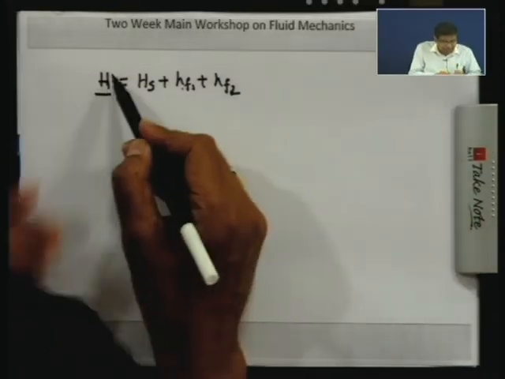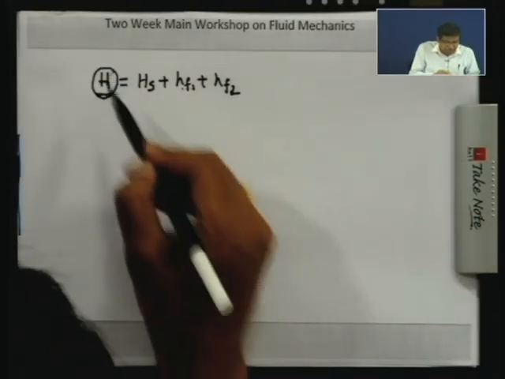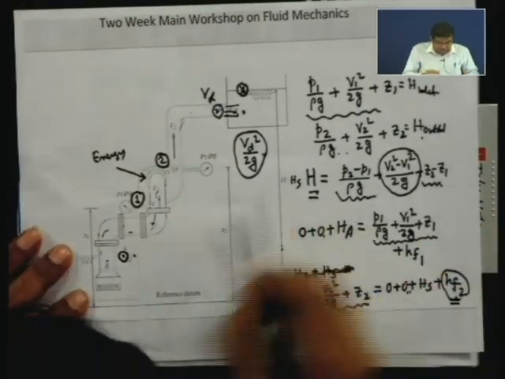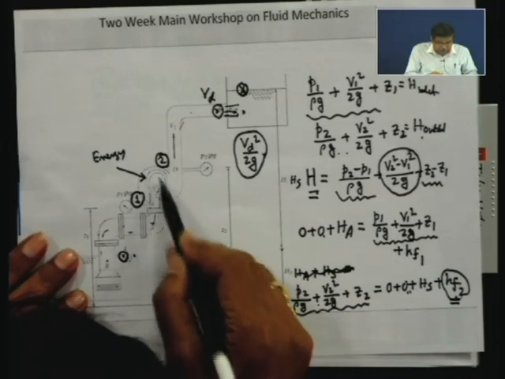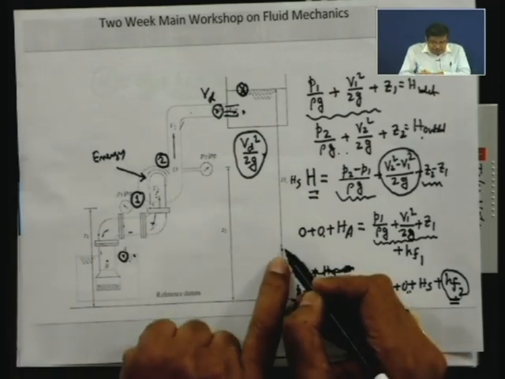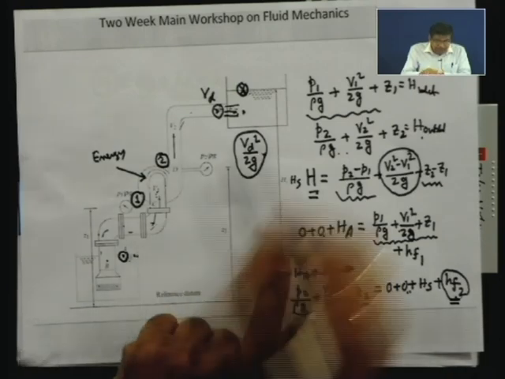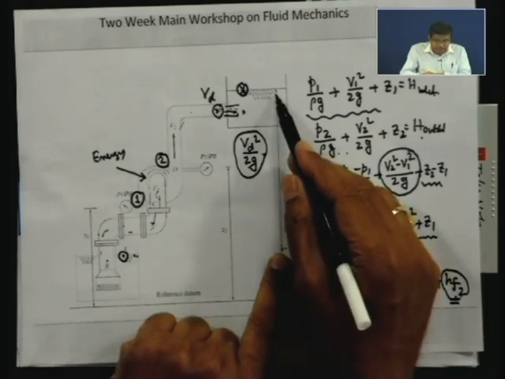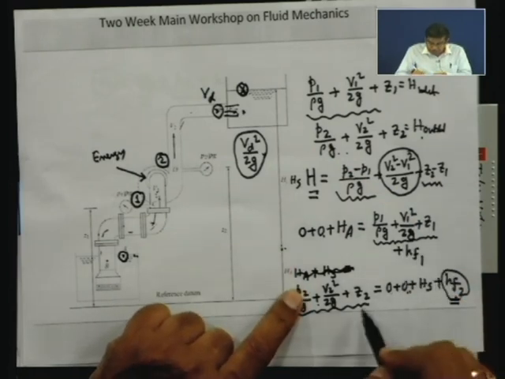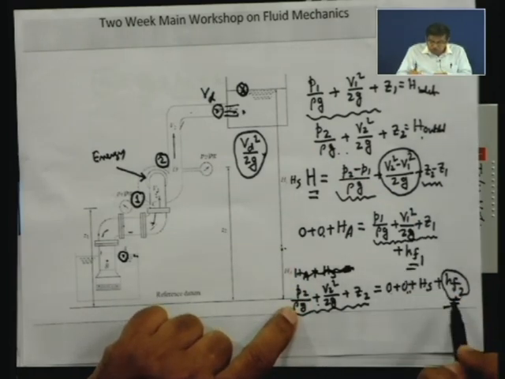Therefore, the head developed by the pump must be equal to Hs plus the losses, and this is obvious from common sense. The head has to be developed by the pump so that the water gets that head to raise its height from this to this, which is Hs, and to overcome all the losses, that is Hf1 and Hf2 including the exit loss.